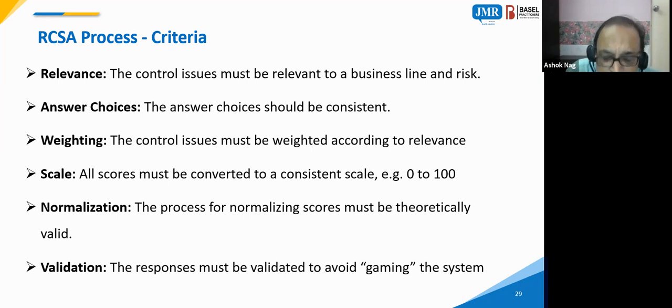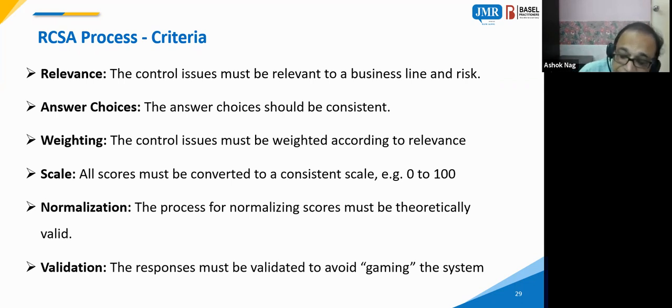The answer choices will be consistent. That means there should be a questionnaire for evaluating the control by the control owner. This questionnaire should be provided automatically to the control owners at a well-defined frequency, and it should be reported to your manager and the higher-ups. Then controls must be weighted according to relevance, that is, which controls are most important.